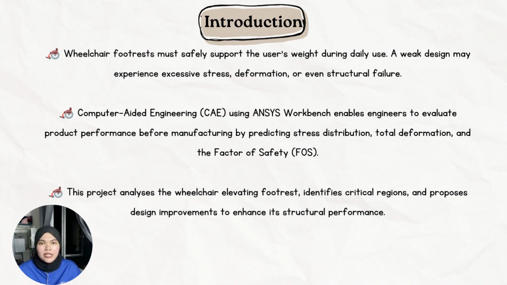This simulation allows us to predict important performance indicators such as equivalent von Mises stress, total deformation, and the factor of safety, or we call it FOS. It helps us to identify potential weaknesses while reducing the need for costly physical prototypes.